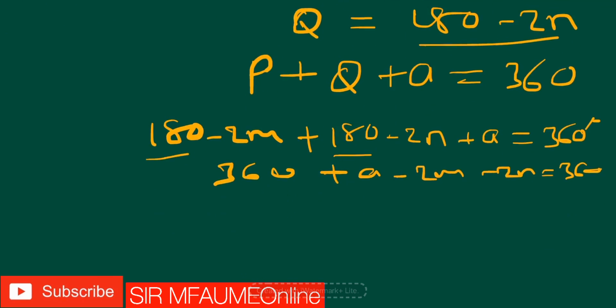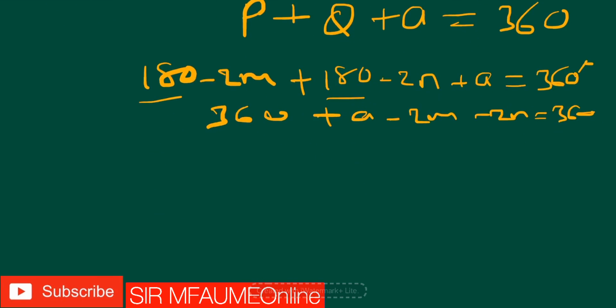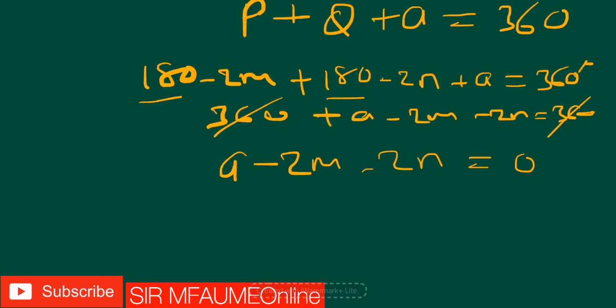Now from there, the 360 and 360 cancel, so you have A minus 2M minus 2N equal to 0. When you shift this to the other side, you will find A equals 2M plus 2N.